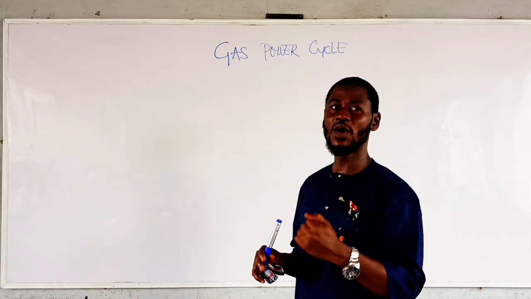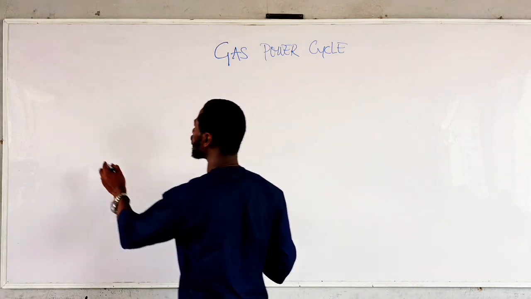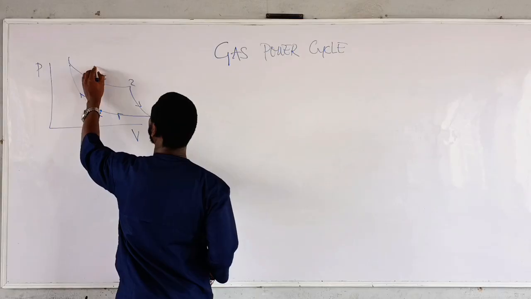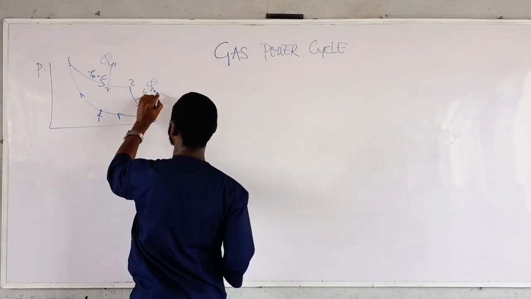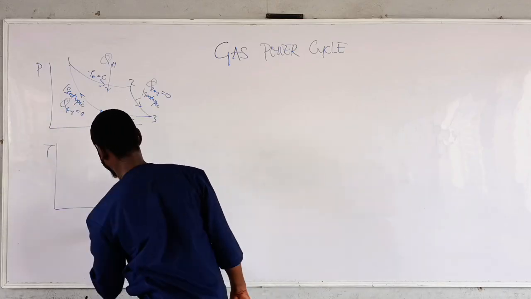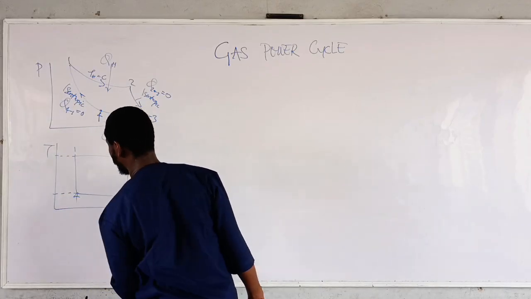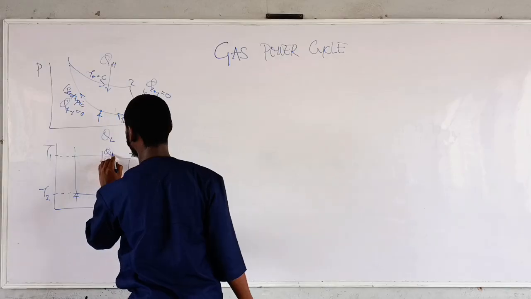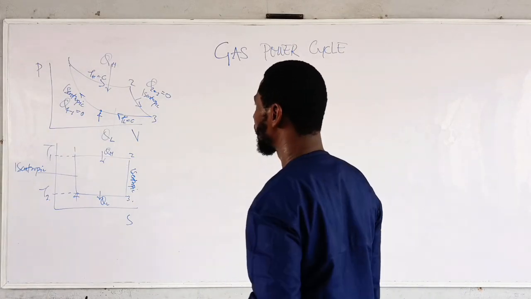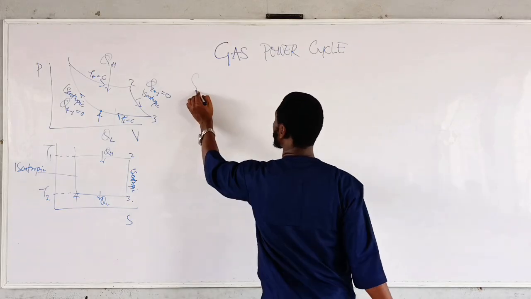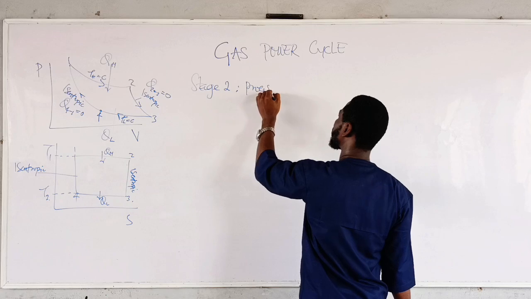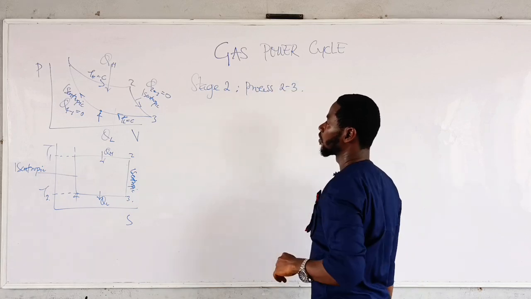And recall from the PV diagram that process 2 to 3, now for stage 2, which is process 2 to 3.